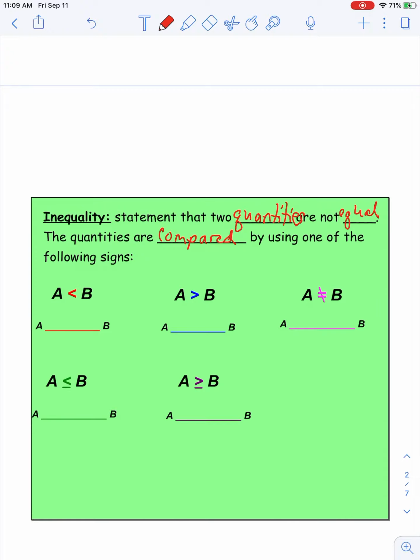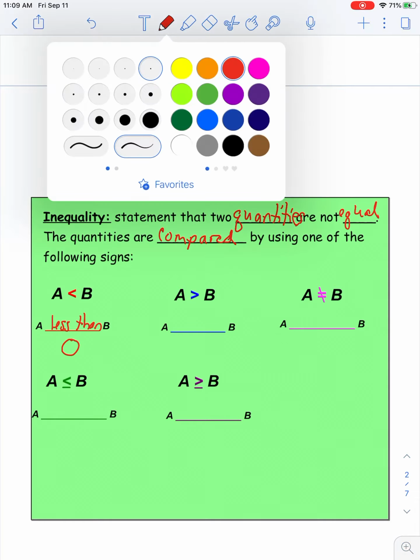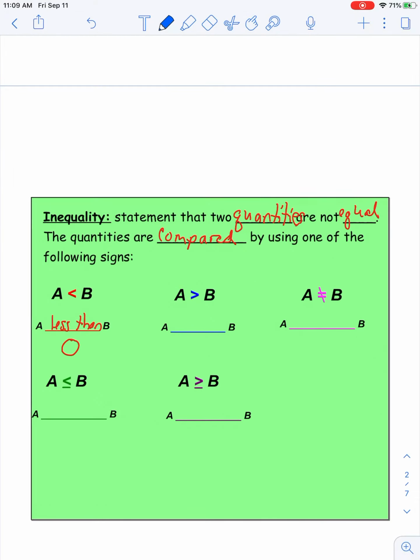Well, for this first example in red, A is less than B. And if we were to graph the values that are less than a certain number, we would be using an open circle on a graph. Now, compare that to the next one. Here is greater than.